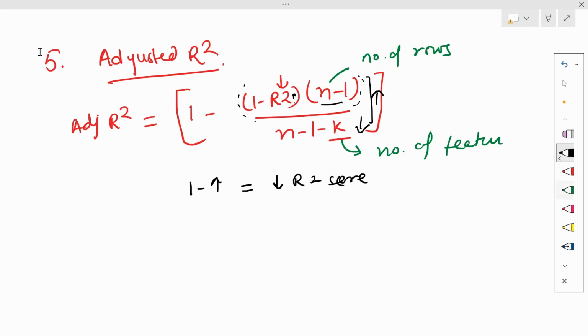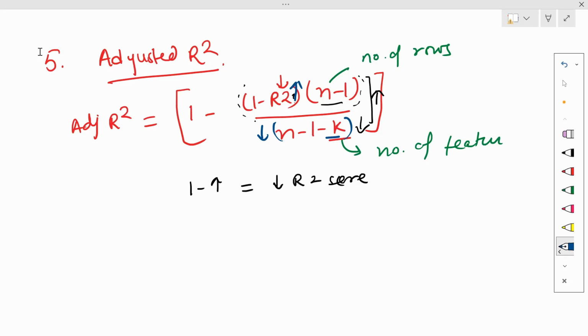Now, if we take another example where some relevant feature is added. In that case again, k will increase, so this overall term will decrease. But now there will be a shoot in this term R2 because this is a relevant feature.